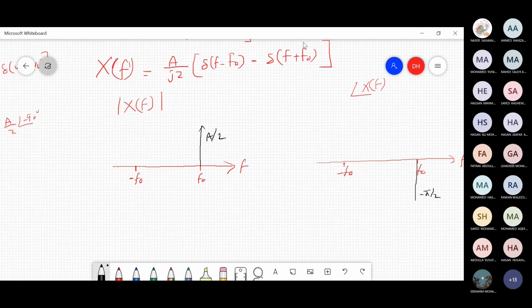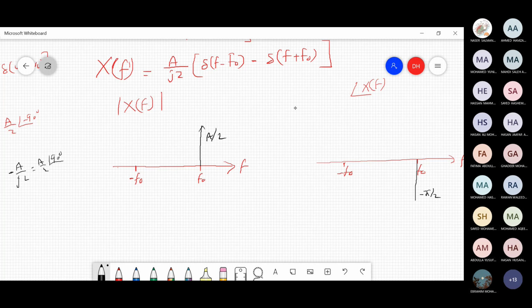Similarly, at minus f naught, we have minus A over j2. So the magnitude again equals A over 2. The angle is minus minus 90, so it is plus 90.